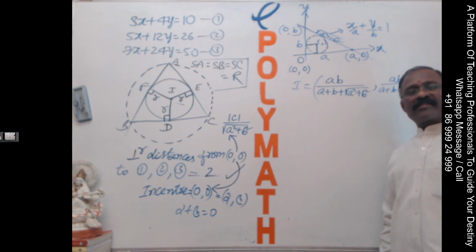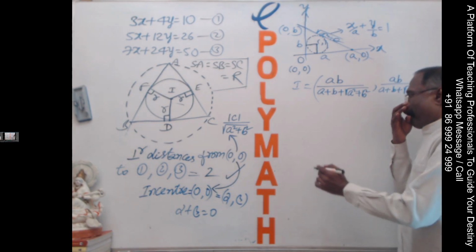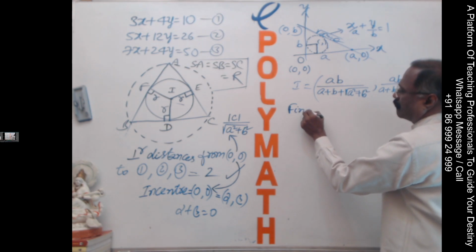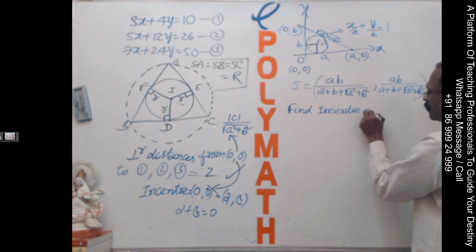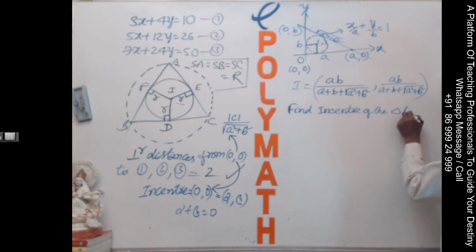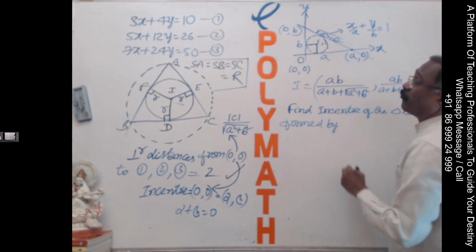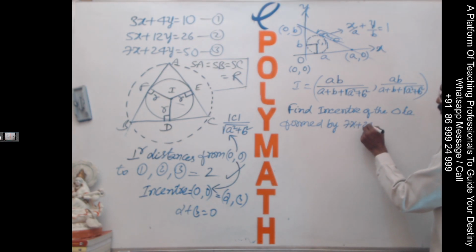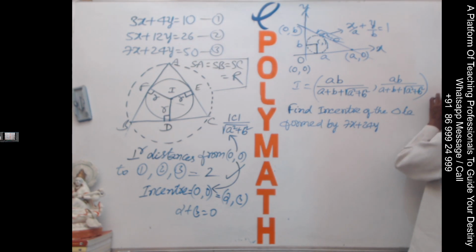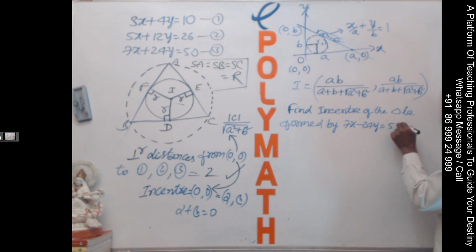This is a formula. I'll take a problem to find the in center. Find the in center of the triangle formed by 7x plus 24y, and I'm making a little twist in the question, 7x minus 24y is equal to 50.